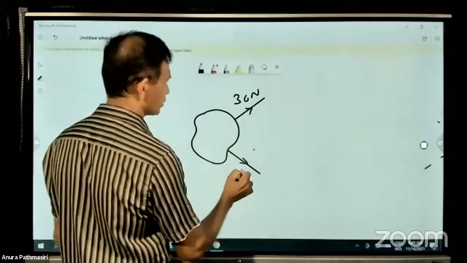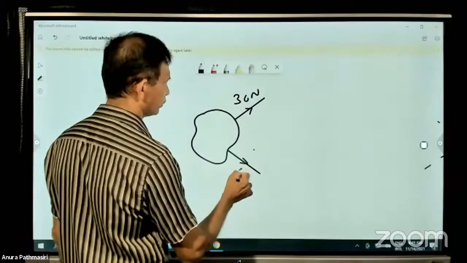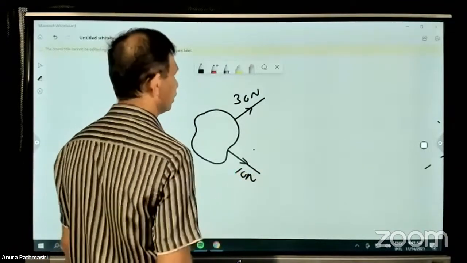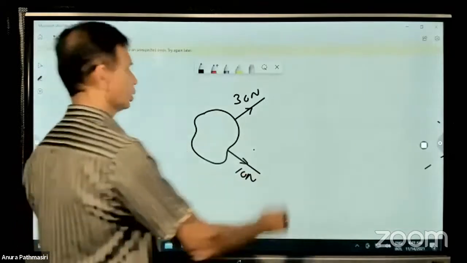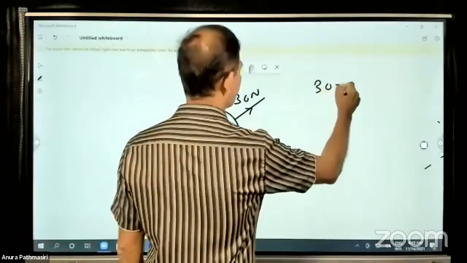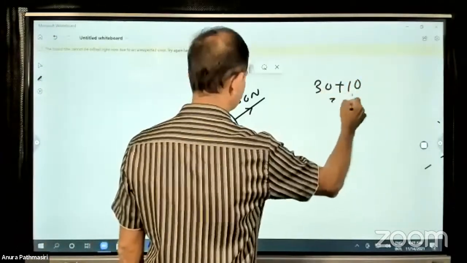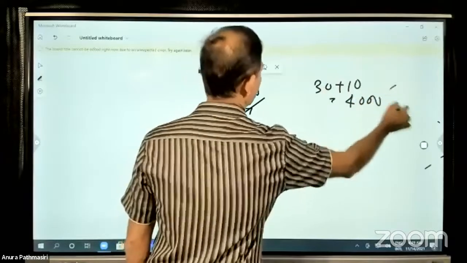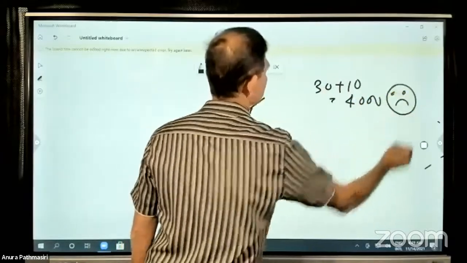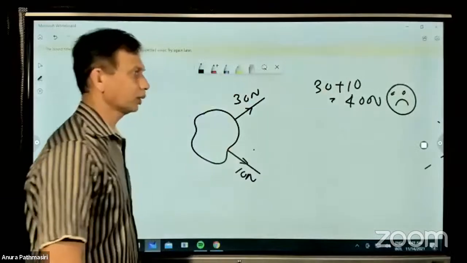If you say this is 10 Newton, the resultant is not 30 plus 10, 40 Newton. No, it is not 40 Newton.